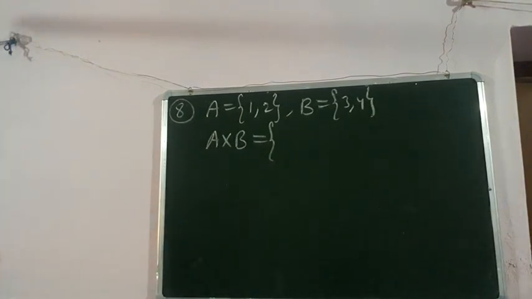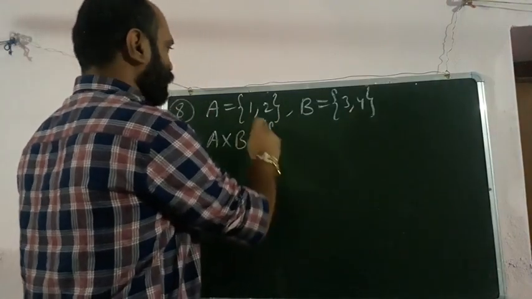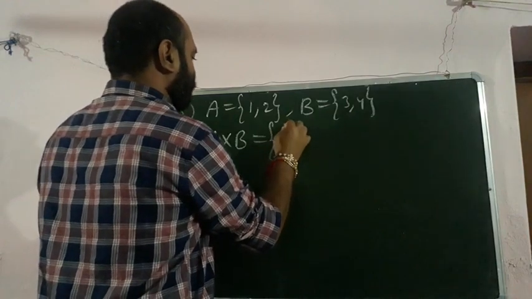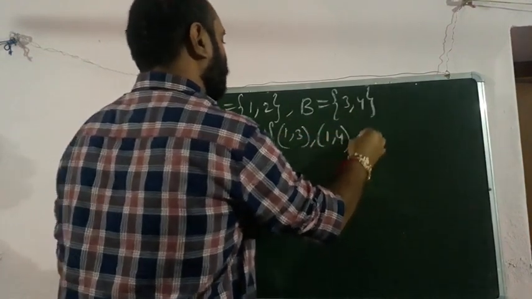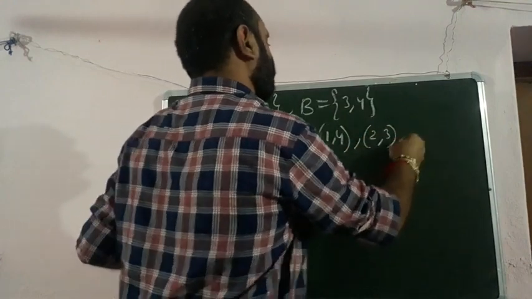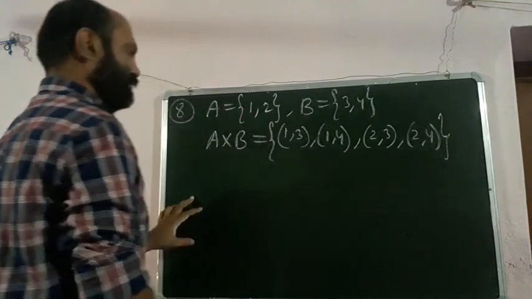First, how many pairs will be formed in A cross B? 4, that is 2 into 2. The first pair is 1 3, then 1 4, then 2 3, then 2 4. These are the 4 pairs in A cross B.